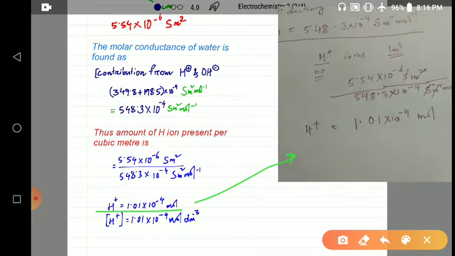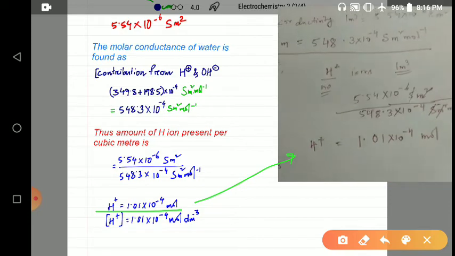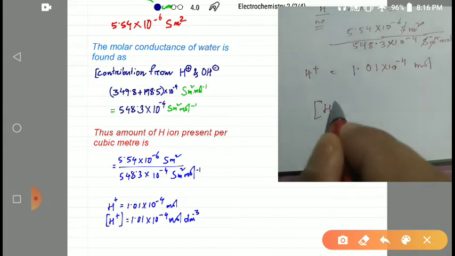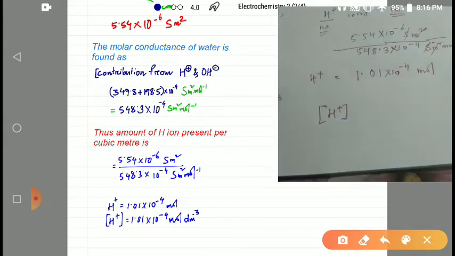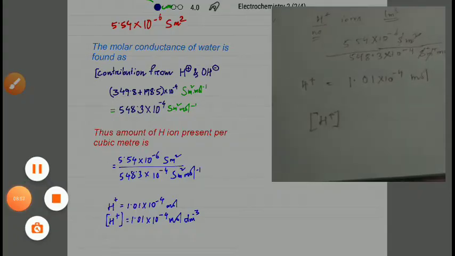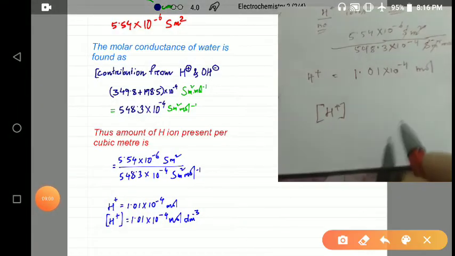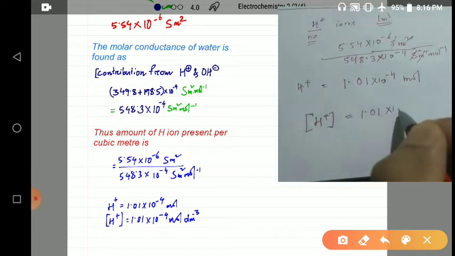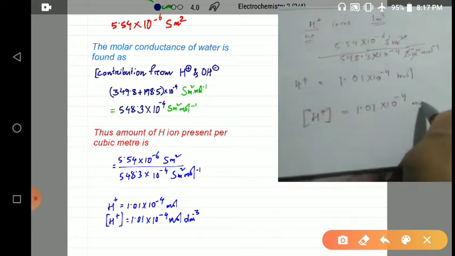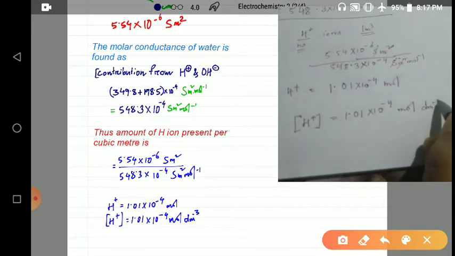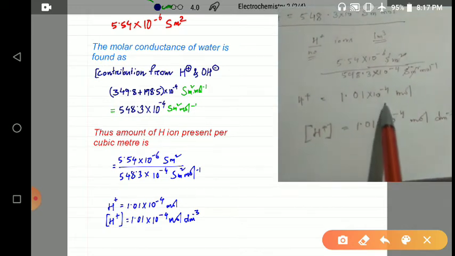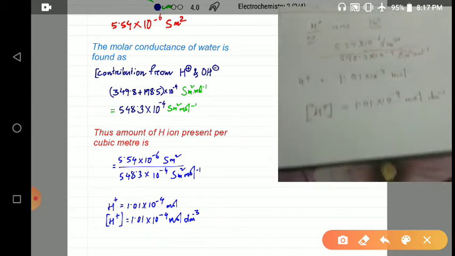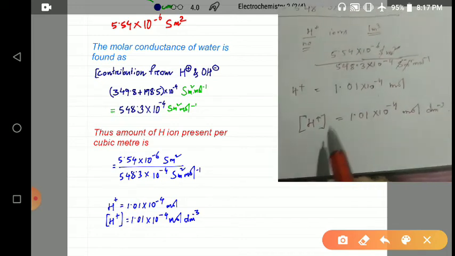That means the concentration of H positive ion will be 1.01 into 10 to the minus 4 mole per decimeter cube. Why are we writing decimeter cube? Because it is present in 1 meter cube. So this is your concentration of H positive ion.